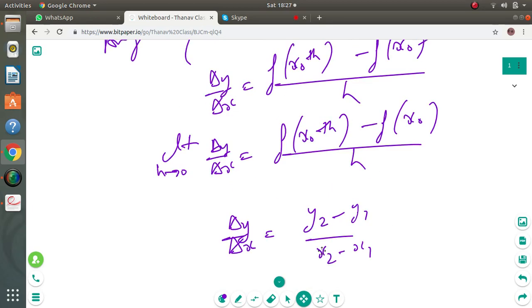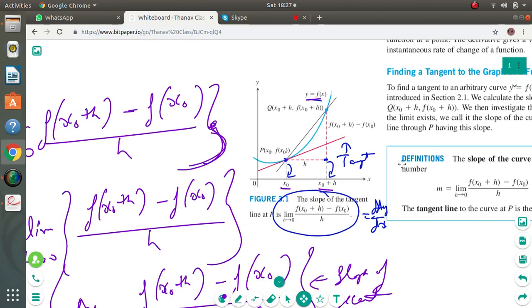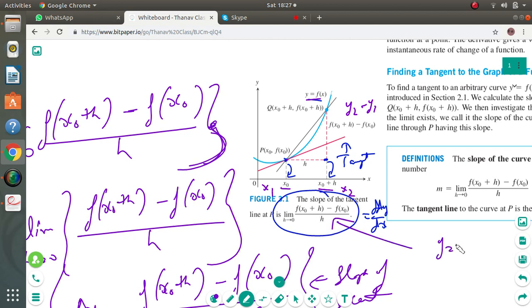If you look at the graph, y2 is equal to f of x naught plus h. This is y2, this is y1, this is x2 and x1. So this will be y2 minus y1 by x2 minus x1; that is the average. But for instantaneous you can do the same thing, no? Yeah, the same thing, but we put the limit as h tends to 0.